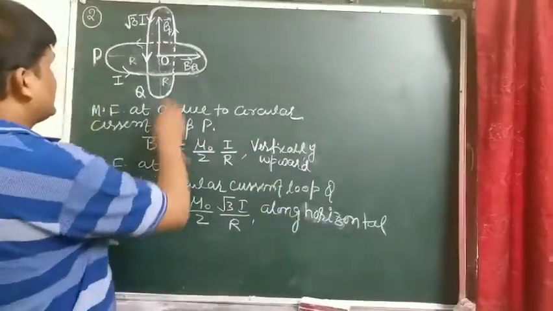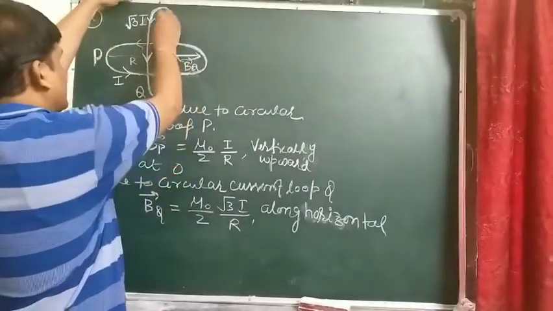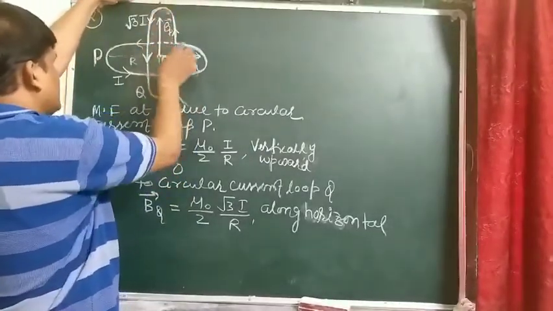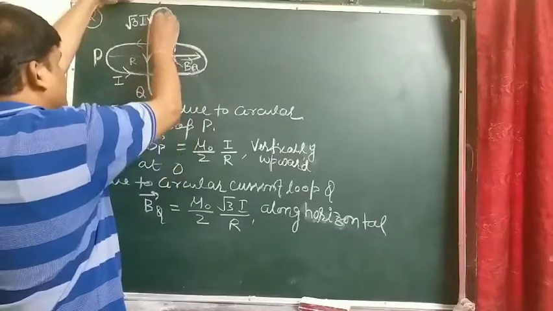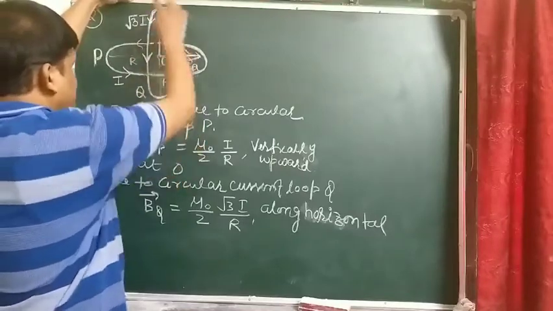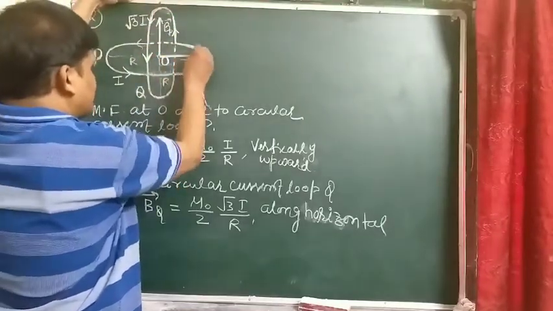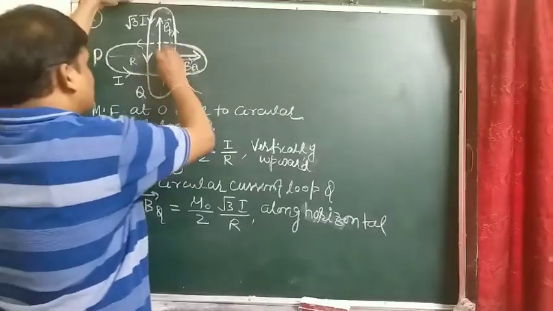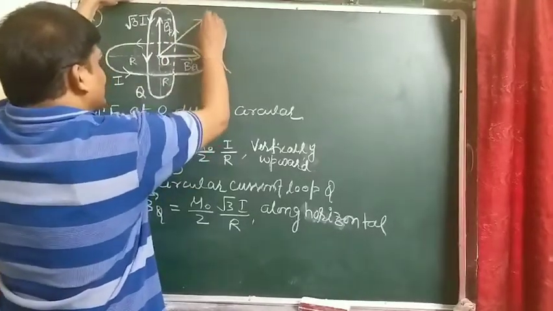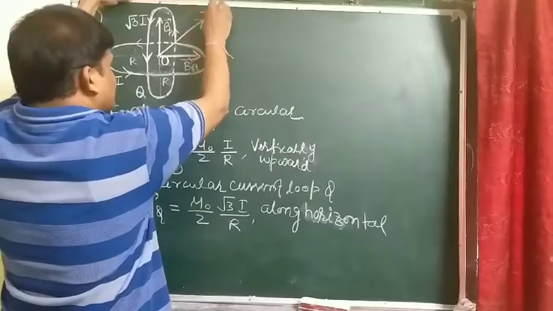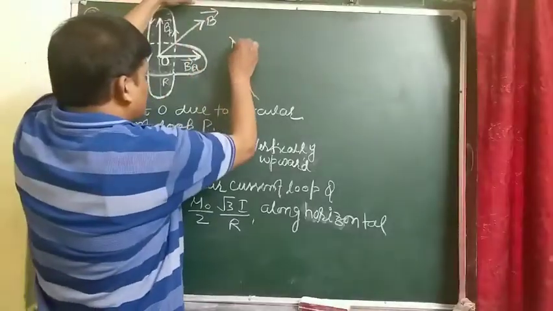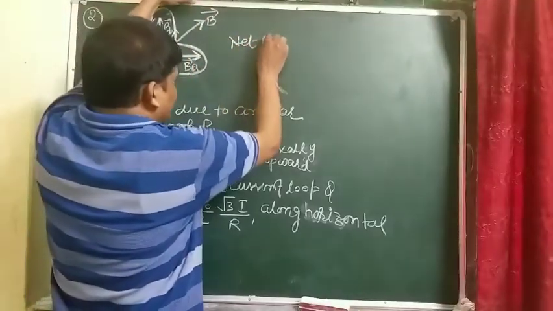So one magnetic field, due to the horizontal loop, is vertically upward, and the vertical loop's magnetic field is horizontal. Now the net magnetic field.